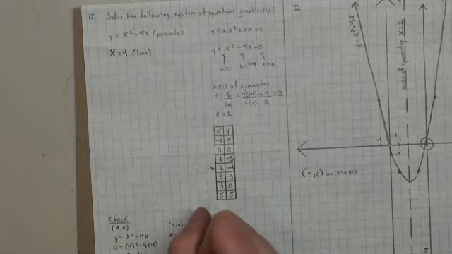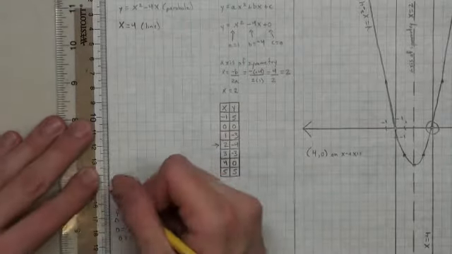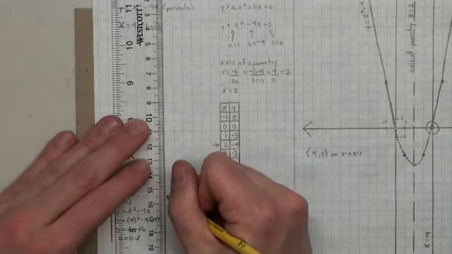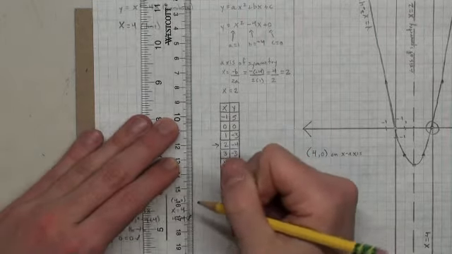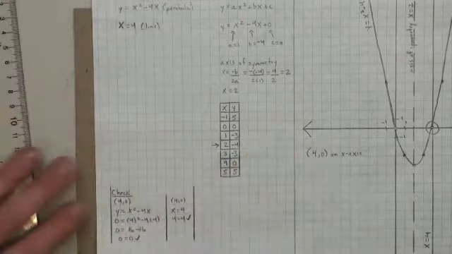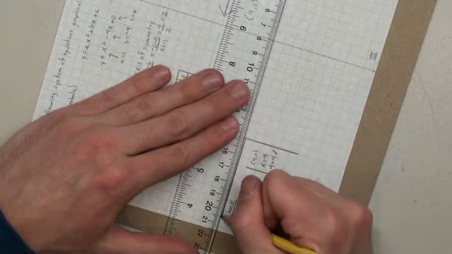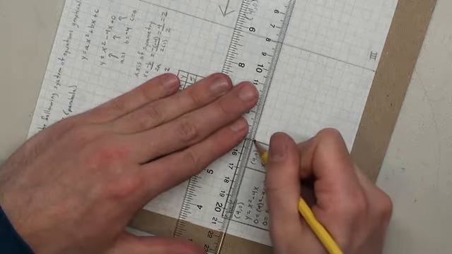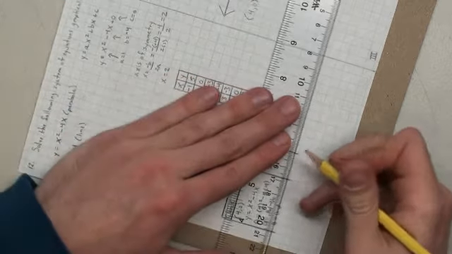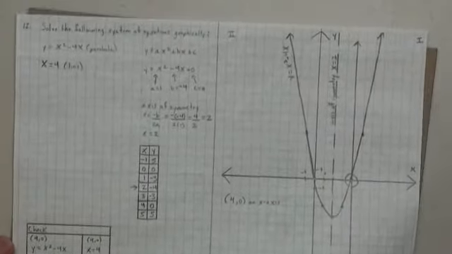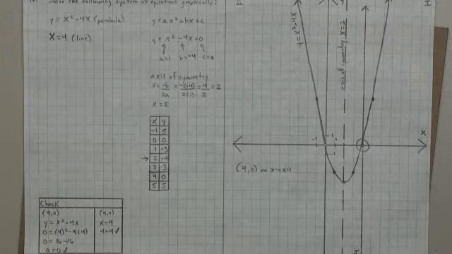X is 4, so 4 equals 4. So that checks. Nice and quick and easy. Clean it up. Okay, so that is the end of that problem.